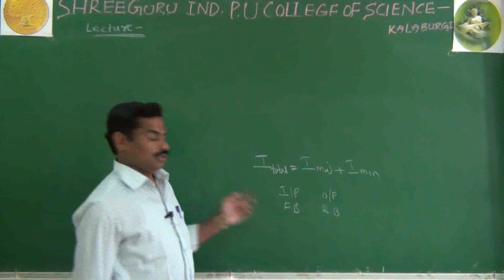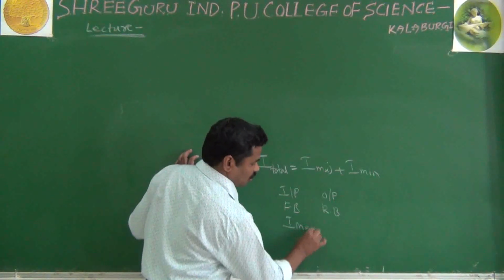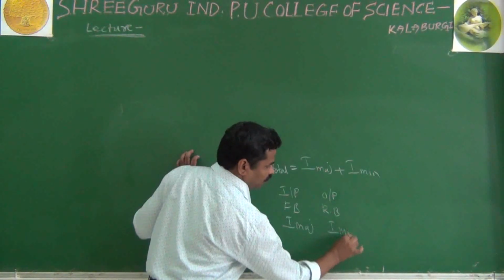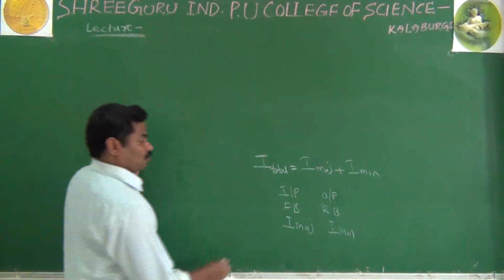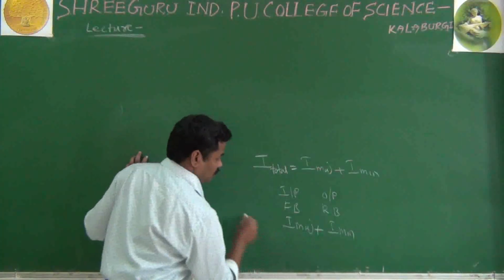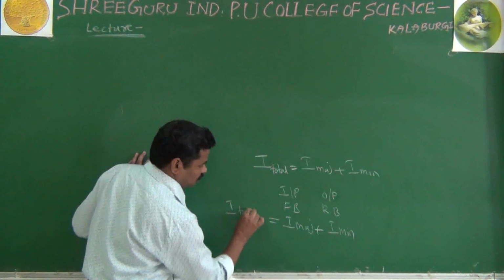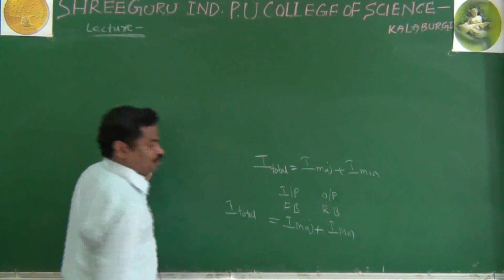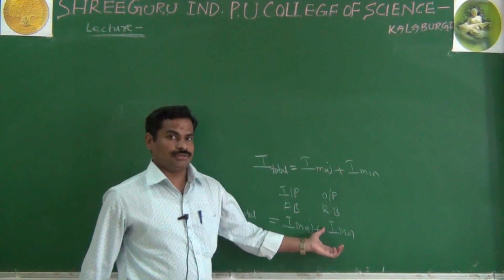In forward bias the current is because of majority carriers, and in reverse bias the current is because of minority carriers. That's why I said the total current I total is equal to the majority carriers current plus the minority carriers current.